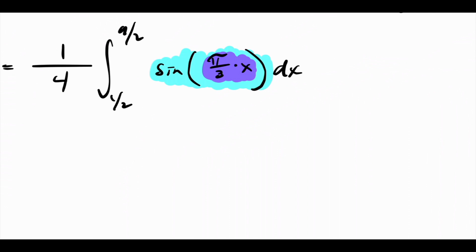What's sine's derivative? Do you see a cosine anywhere? No. So I would not use sine. What's the other option? Pi over 3 times x. What's the derivative of pi over 3 times x? Isn't pi over 3 just a value, right? So it doesn't need to cancel out with anything. Bingo, there you go. That's how you decide.